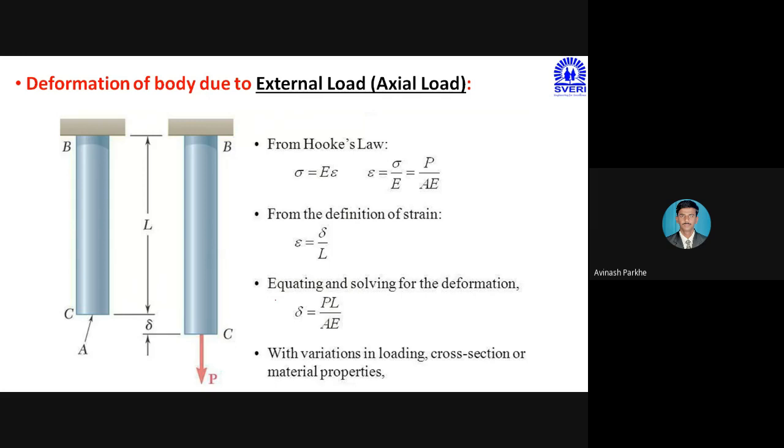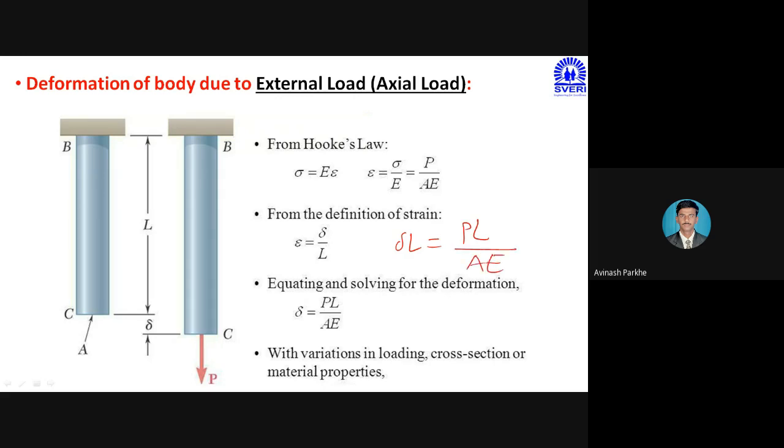Then we have discussed two important cases related to the deformation calculation. As we know, there are two cases when a body is subjected to external force or external load, and then how its deformation is calculated. By using Hooke's law and the definition of strain, we have defined one formula, that is delta L is equal to PL upon AE.